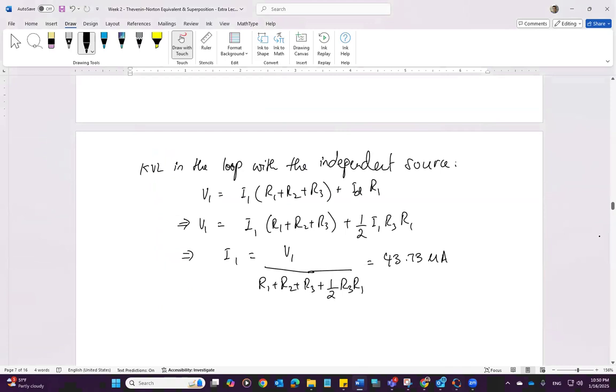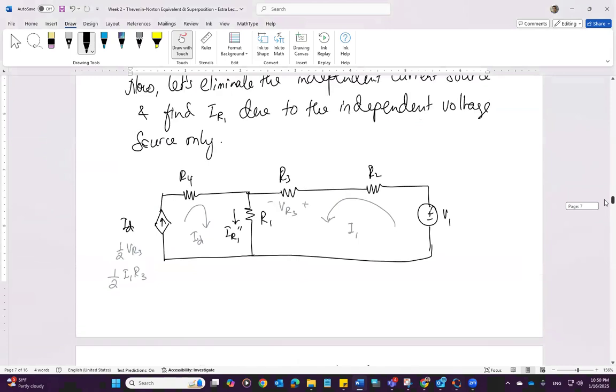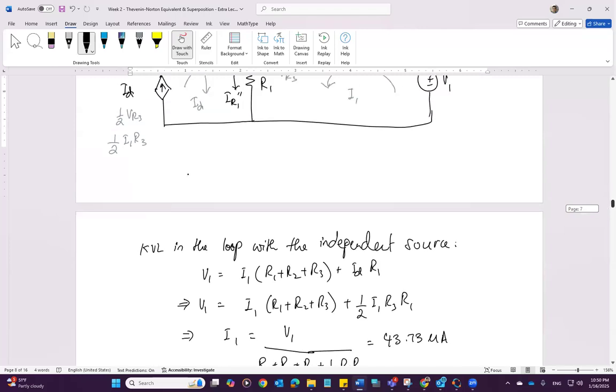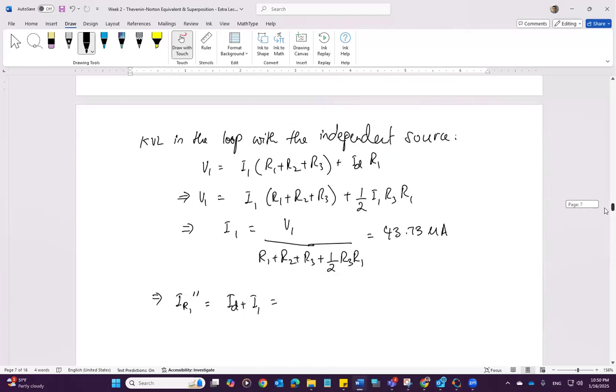So since we have this I1, the current IR1 double prime is the sum of ID and I1. Of course, what is ID? Half of VR3, or half of I1 times R3.